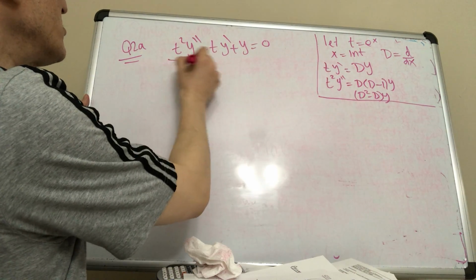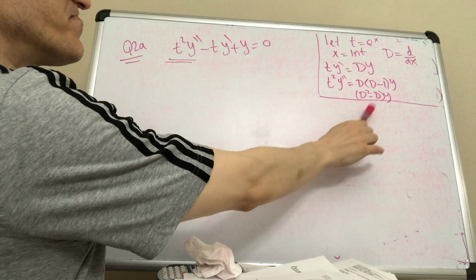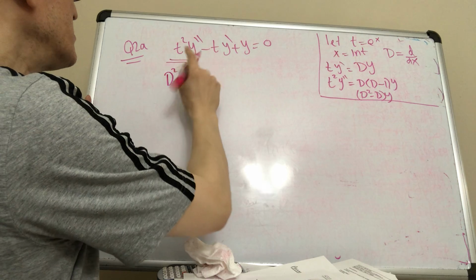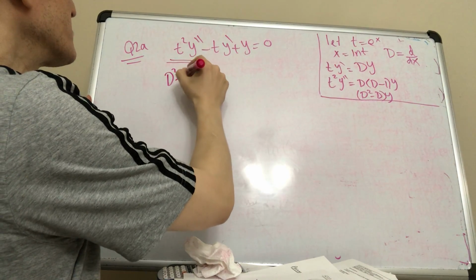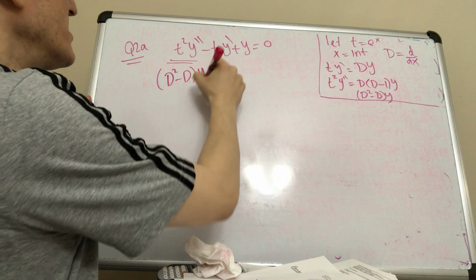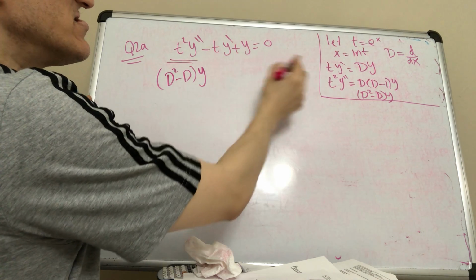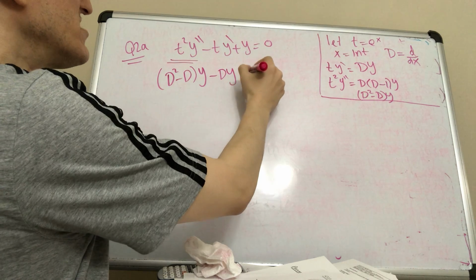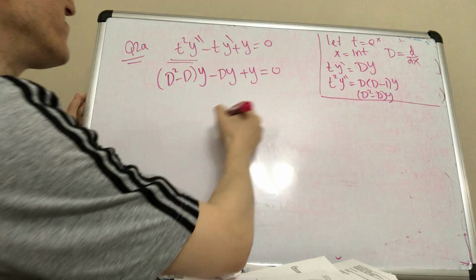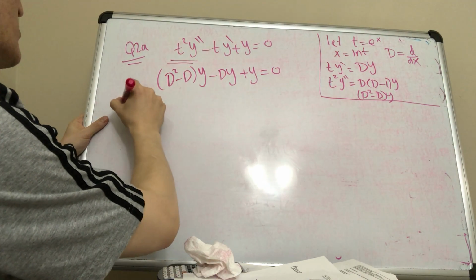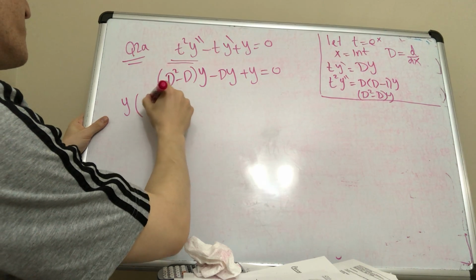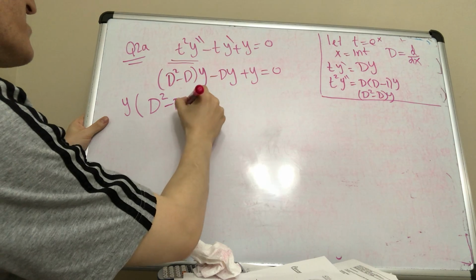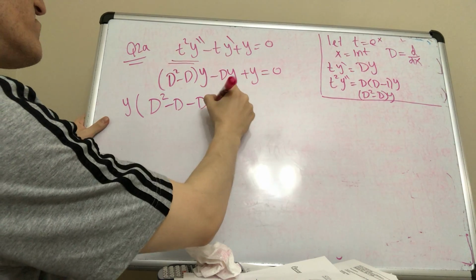Okay, so now for t squared y double prime, we use this: D squared minus D, into y. Minus t y prime, which is minus Dy, plus y equals 0. Then if I take y as a common factor, you have D squared minus D, minus D, plus 1.